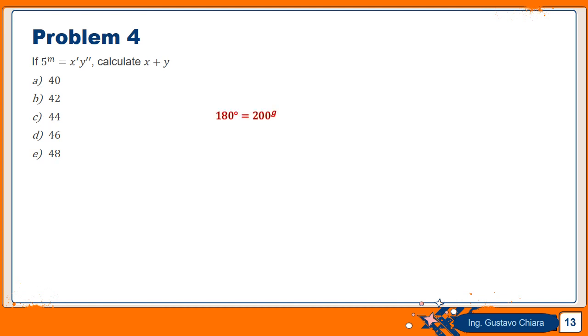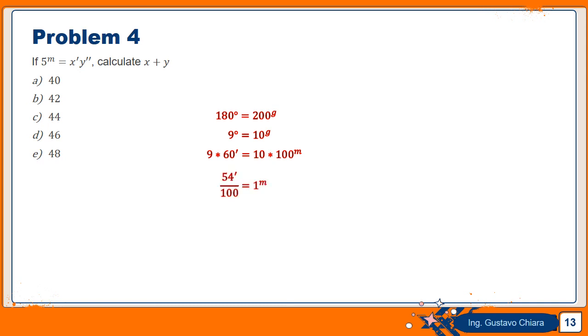We need to remember the equivalence between sexagesimal and centesimal degrees. 180 sexagesimal degrees is equivalent to 200 centesimal degrees. Simplifying, we know that 9 degrees is equivalent to 10 centesimal degrees. Now we need the expression for 5 minutes. A degree is equivalent to 60 minutes, and a degree in the centesimal system is 100 minutes.